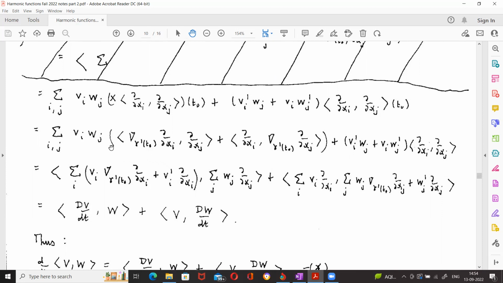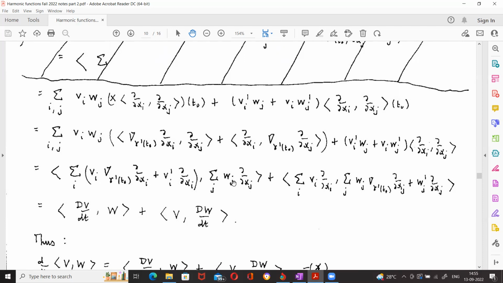This V^i into this ∇_{gamma prime(t naught)} ∂/∂x^i, I take the V^i inside, and then I have that times W^j ∂/∂x^j in the inner product, and then I have a sum over i, j. So I can write that as an inner product of the sum over i of V^i ∇_{gamma prime(t naught)} ∂/∂x^i with the sum over j of W^j ∂/∂x^j, by bilinearity of the inner product.